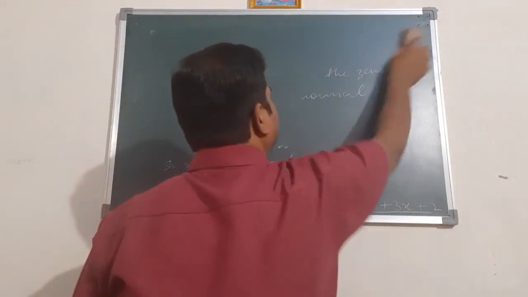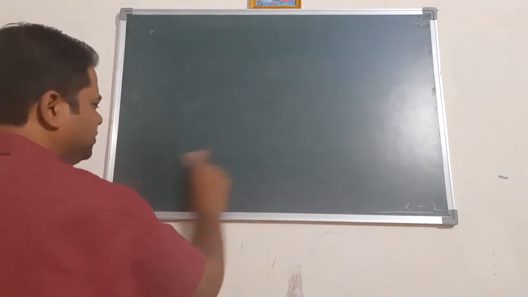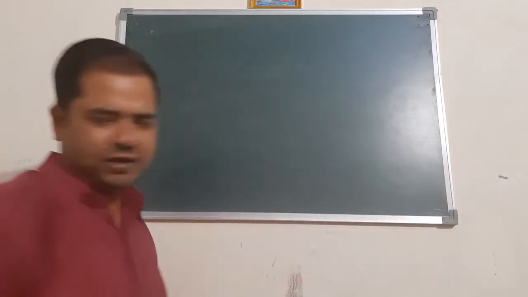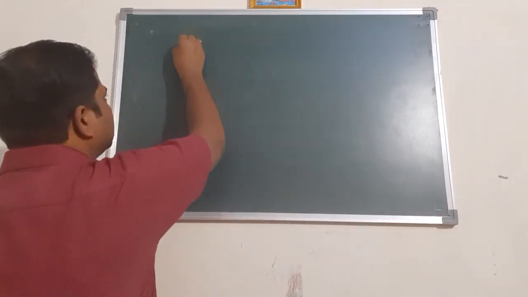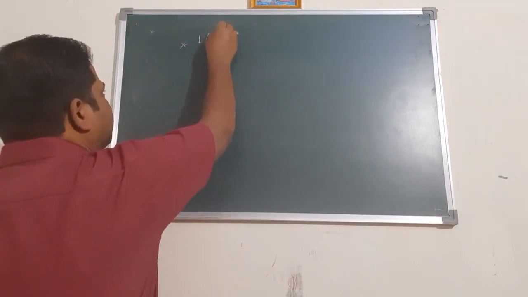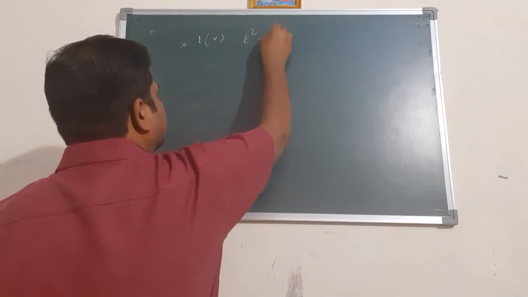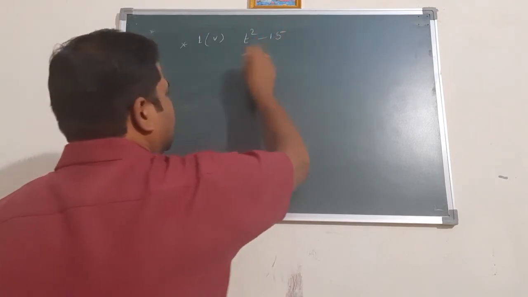Suppose we have been given a quadratic polynomial, question number one, fifth part, t square minus 15.